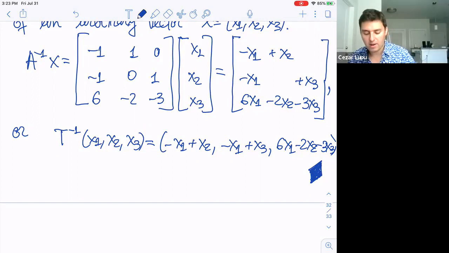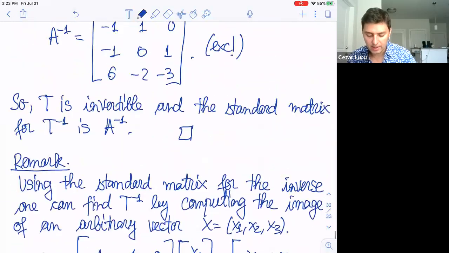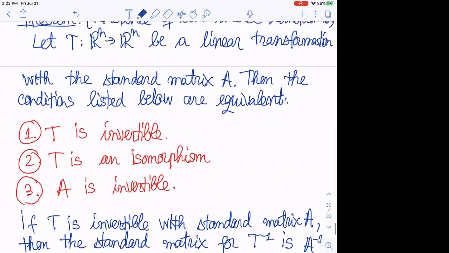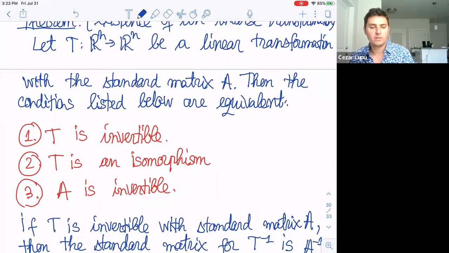It's very straightforward, right? In other words, it's just like using the theorem. It's just basically look at the theorem. That's what you need to do. It's just like finding the inverse of the standard matrix is the same as finding the inverse of the linear transformation. I might put some examples where I will ask you something like, show that this is an isomorphism.